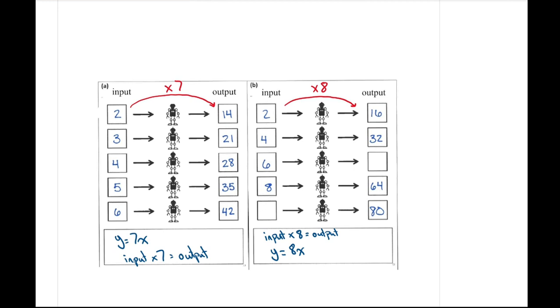So going through, I can fill in the missing spots because I can do 6 times 8, which is the rule my robot's using, and get 42.